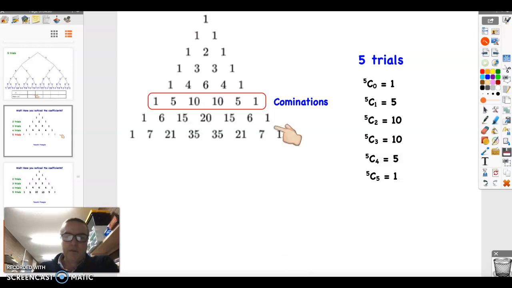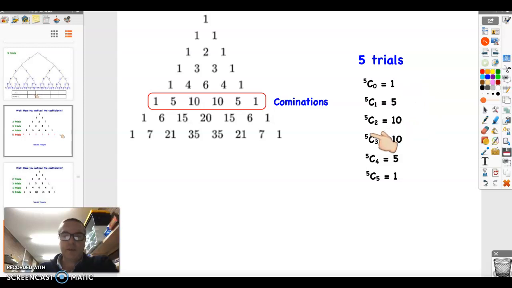These coefficients, being in Pascal's triangle, can also be generated as numbers of combinations. So you might remember from some combinatorics in Unit 1 and 2, 5C0 is 1, 5C1 is 5.